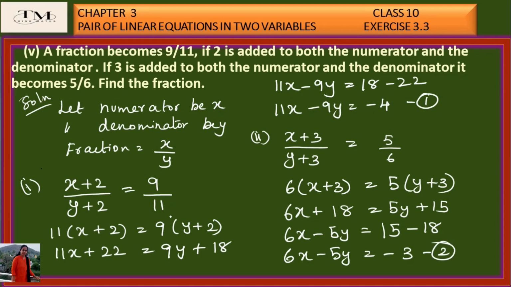Now we have to solve the two equations. Let me take a fresh page. We got 11x minus 9y equal to minus 4, and another equation is 6x minus 5y equal to minus 3. From any one equation we can get the value of x.